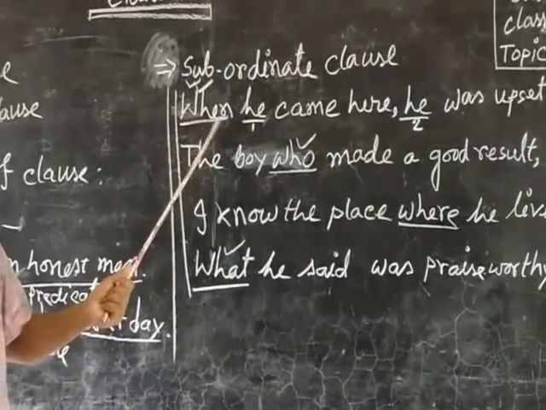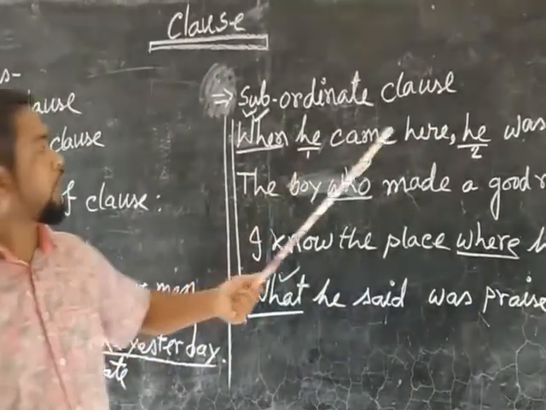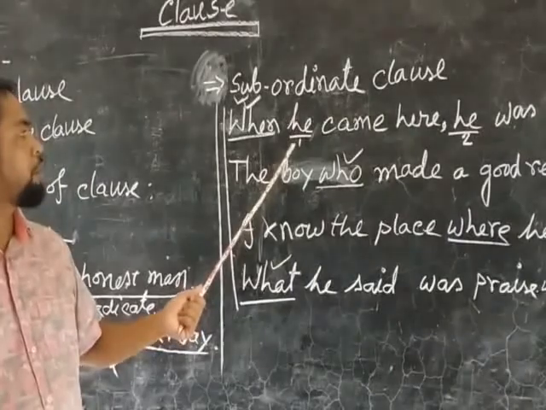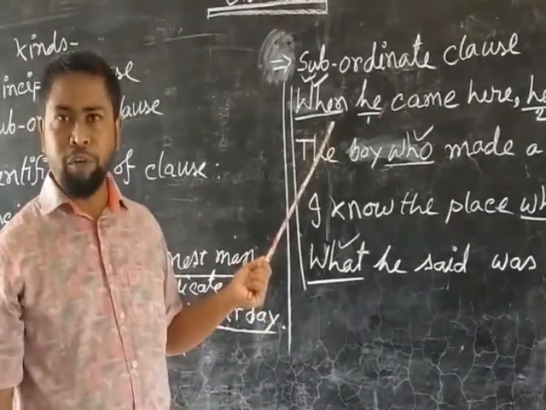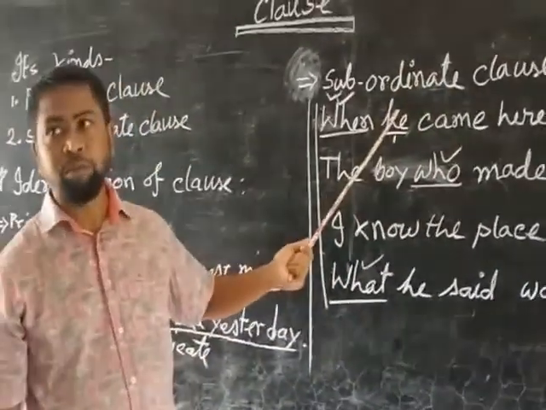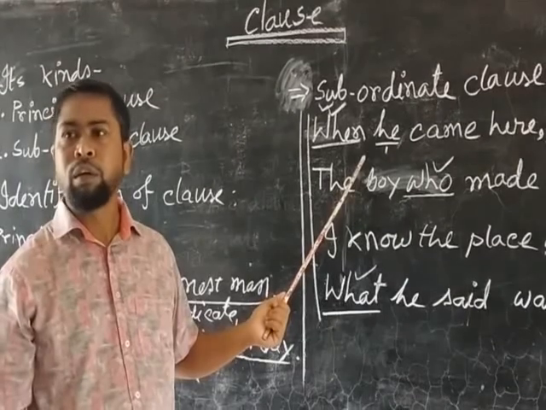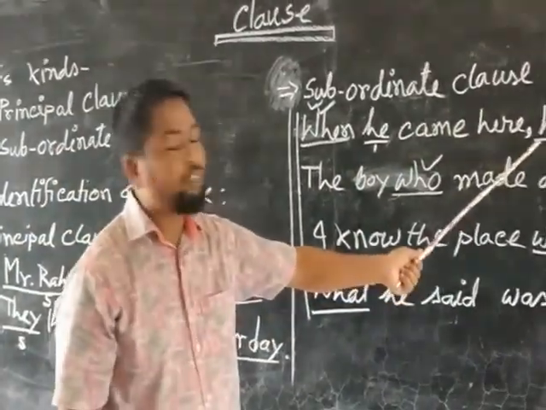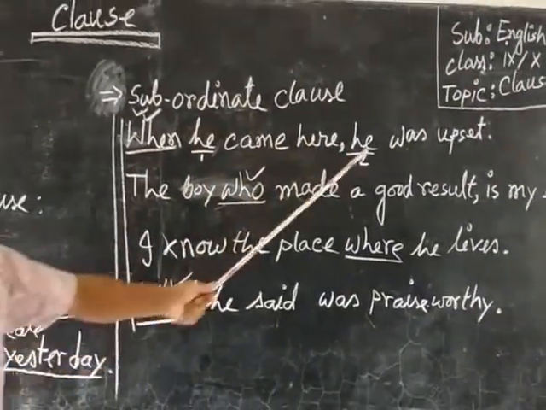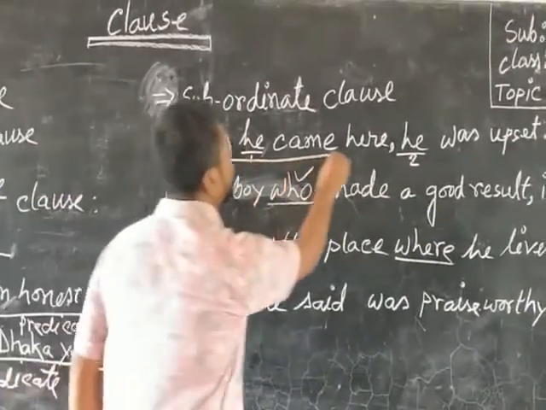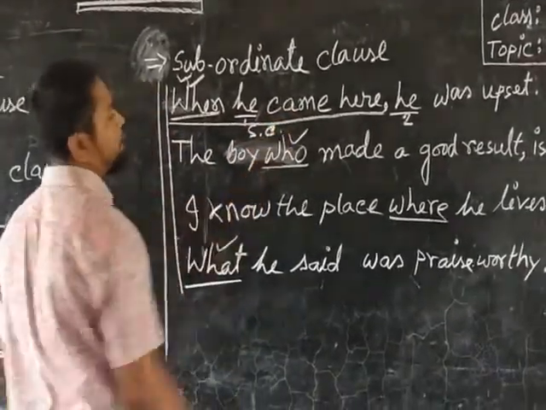We have to notice that if we have two subjects in a complex sentence, from the conjunction before the second subject, this is the subordinate clause. We can write SC in short.